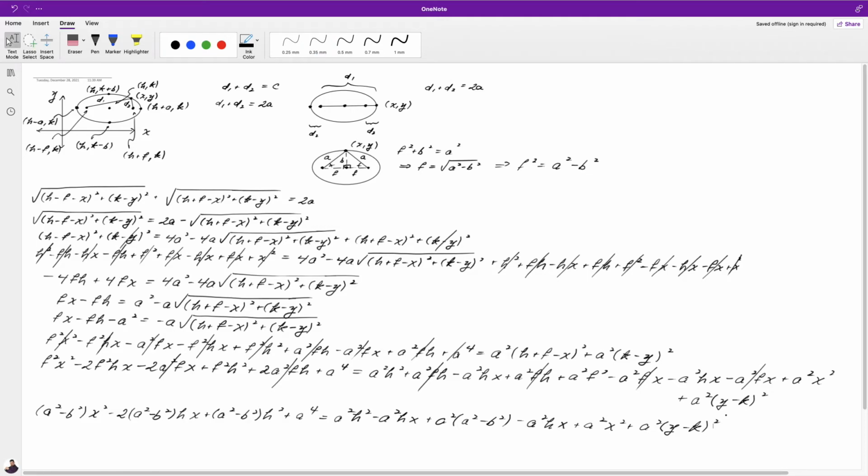Okay, let's check that very carefully. Again, just taking and replacing f squared with the quantity that we know it is, a squared minus b squared. Let's check that carefully.